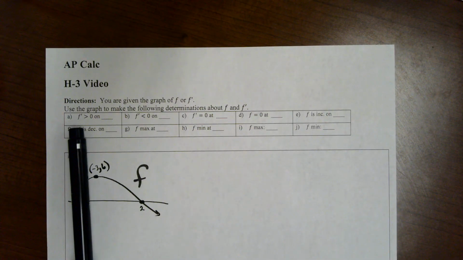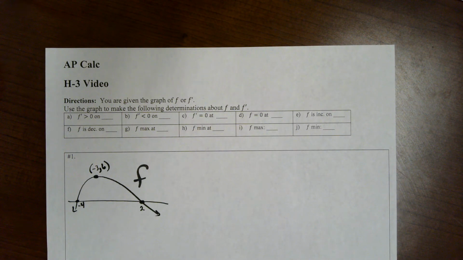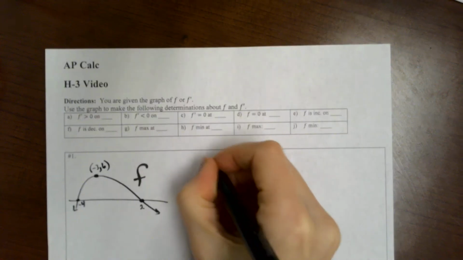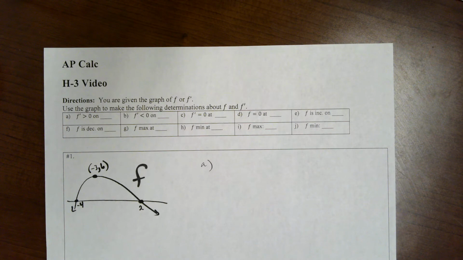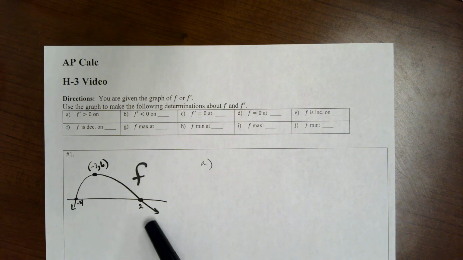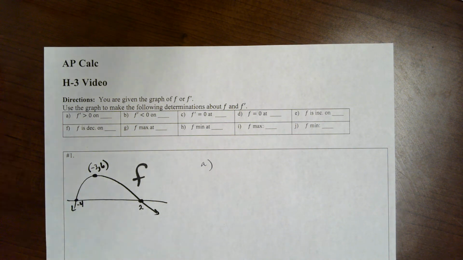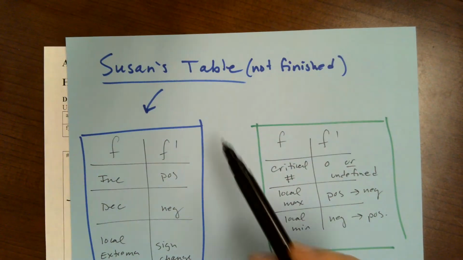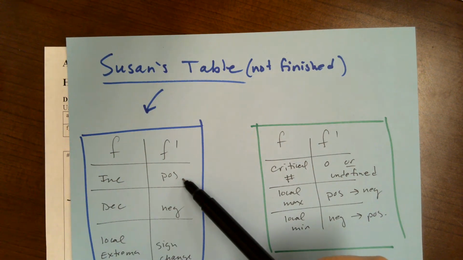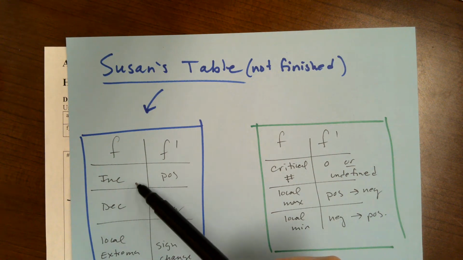So for part A, F prime is greater than 0 on, so F prime positive. This is the graph of F, and we're asked a question about F prime. So let's think. F prime is positive if F is increasing.